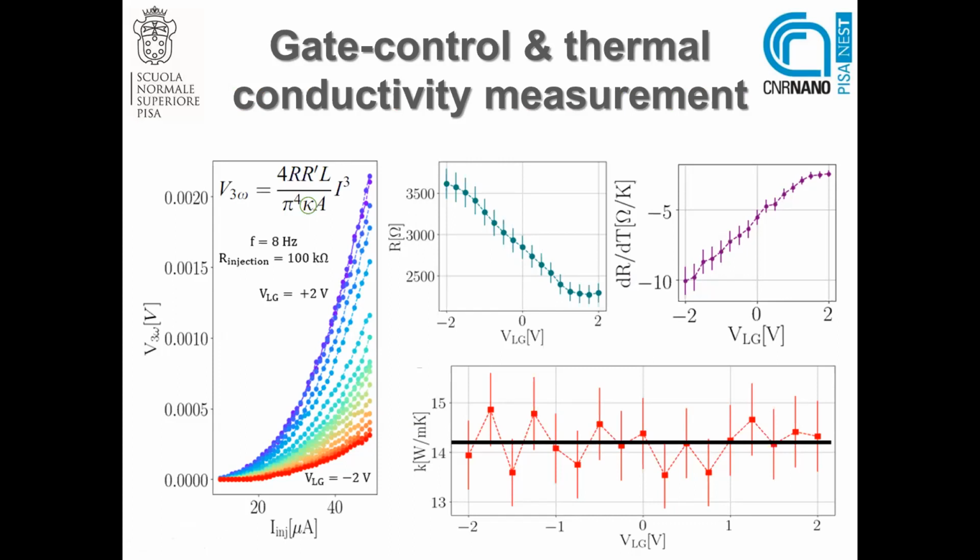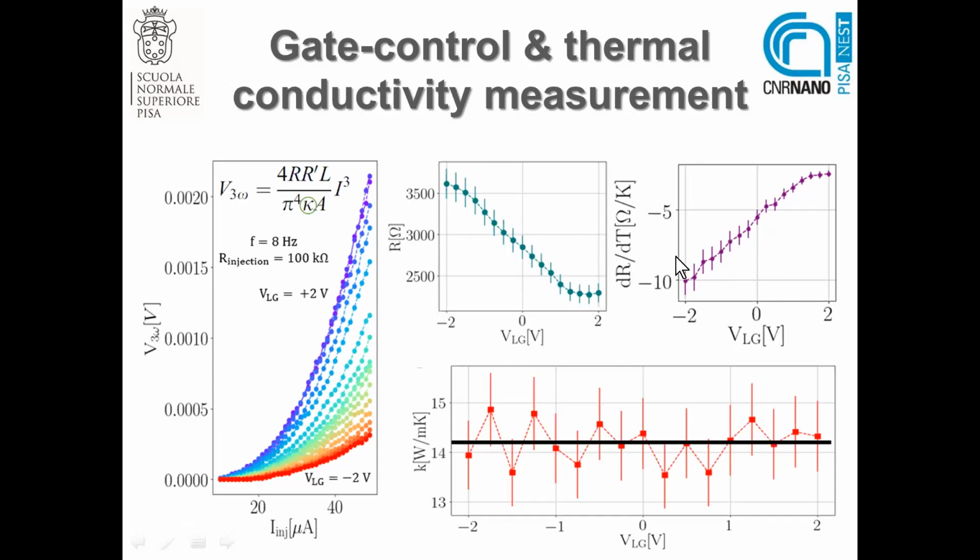Okay, so this you can measure. And so this is the resistance as a function of the liquid gate voltage, while this curve with an opposite trend is the derivative of the resistance as a function of the temperature, again plotted as a function of the liquid gate voltage.